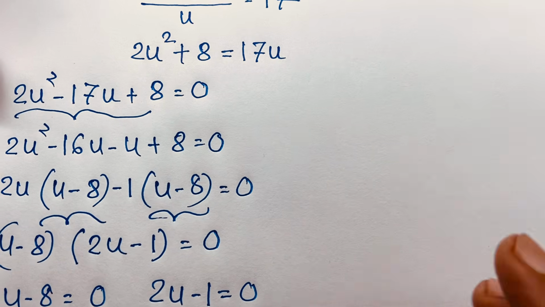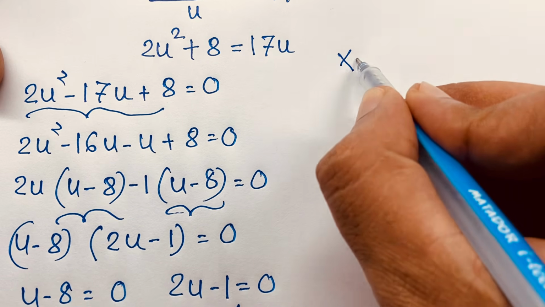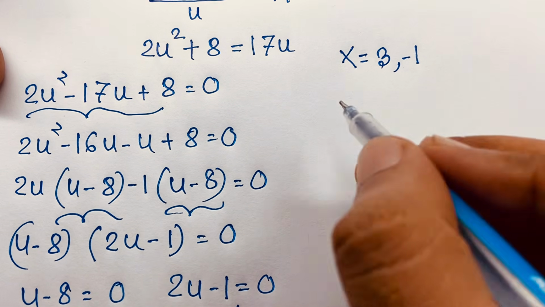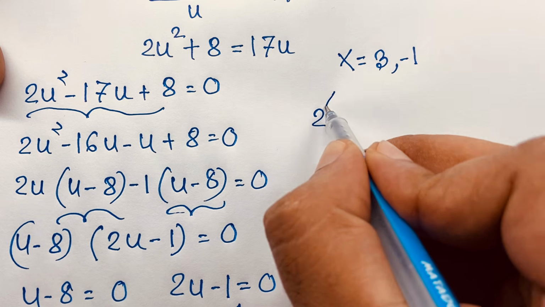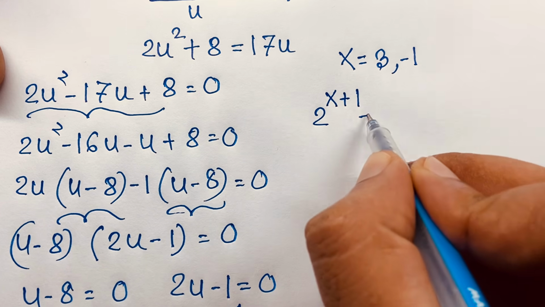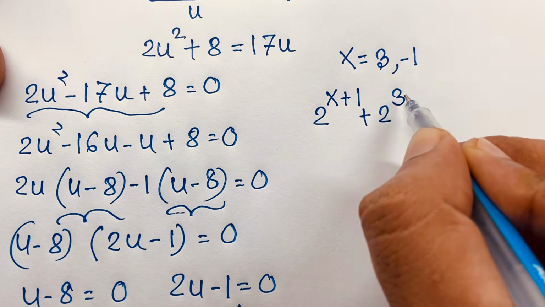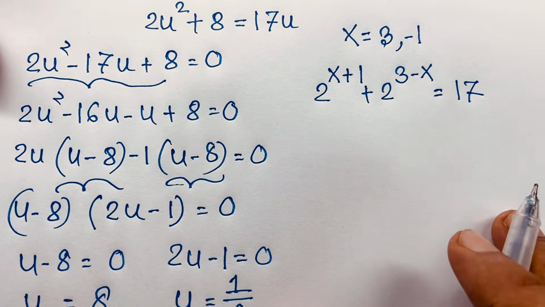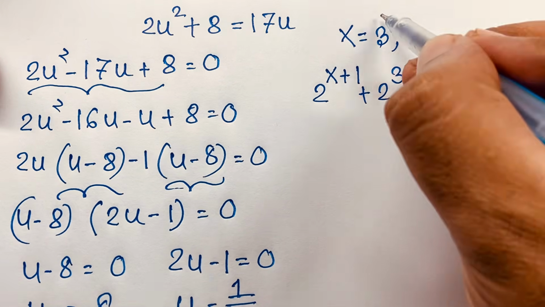Let's verify. We found x is equal to 3 and x is equal to minus 1. Our question is 2 to the power x plus 1 plus 2 to the power 3 minus x is equal to 17. Then I take x is equal to 3.